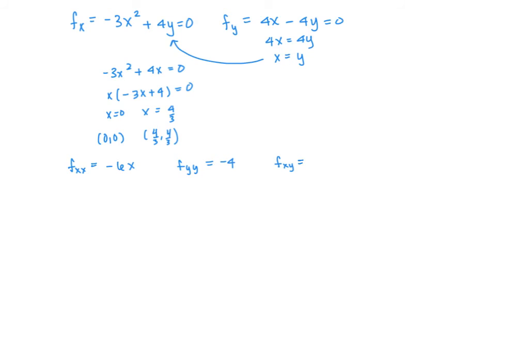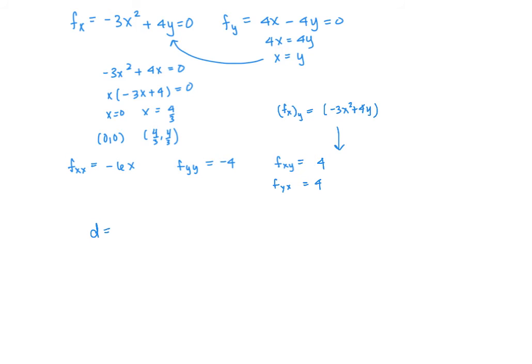So fxy means I take the partial with respect to x and then take the partial of that function with respect to y. So first I'm going to do the partial with respect to x, which is negative 3x squared plus 4y, and then I'll find the partial with respect to y of that function, and I get 4. So I've got my 3 main partials, because remember, fxy is the same as fyx, so both of those are 4.